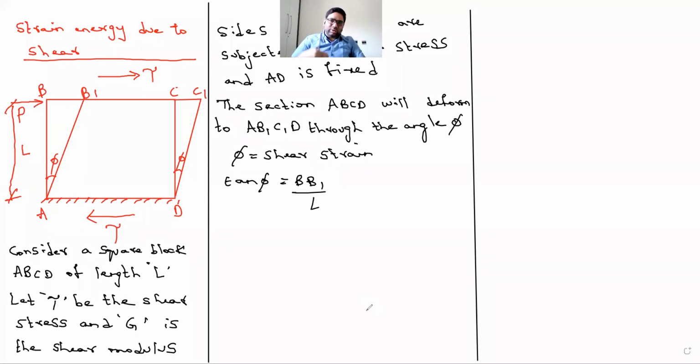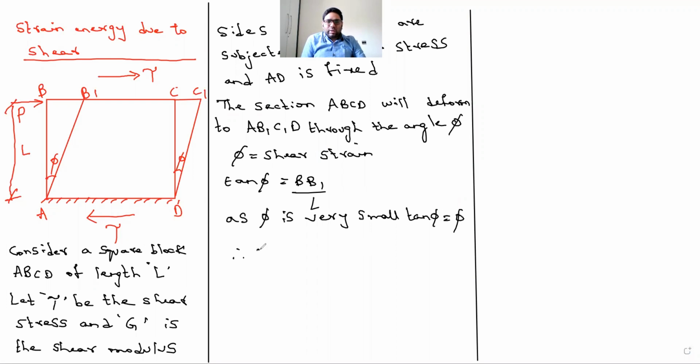The value itself is very small, and shear strain is even smaller compared to the strain that we normally see because of flexure or axial loads. So since phi is very small, tan phi is equal to phi.